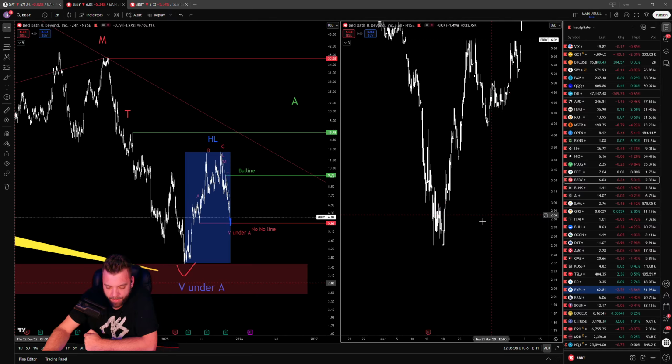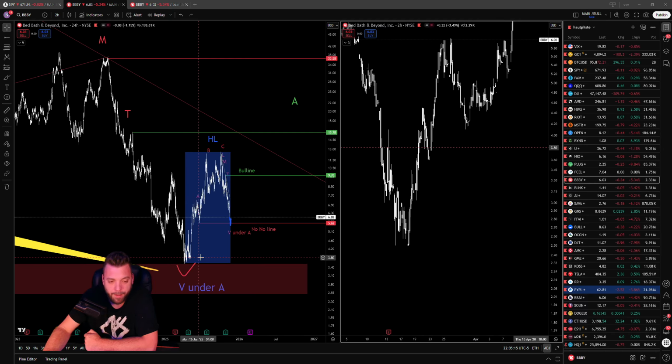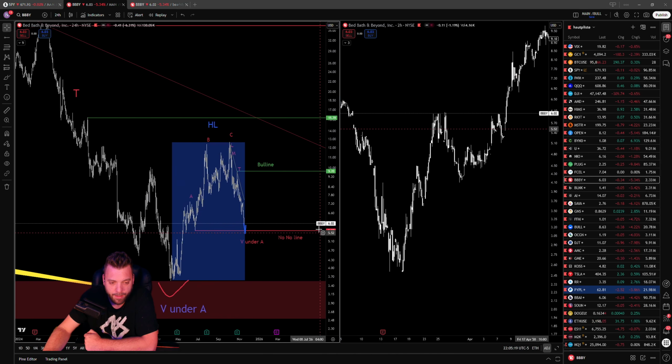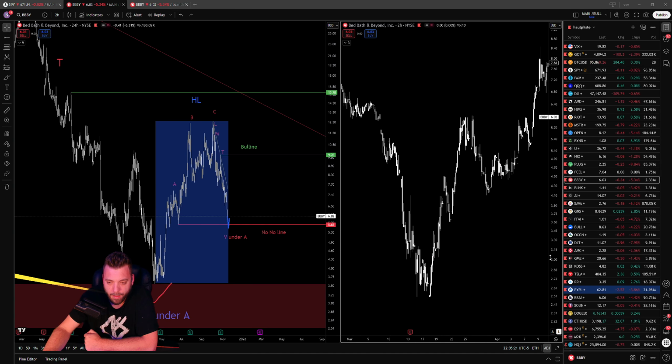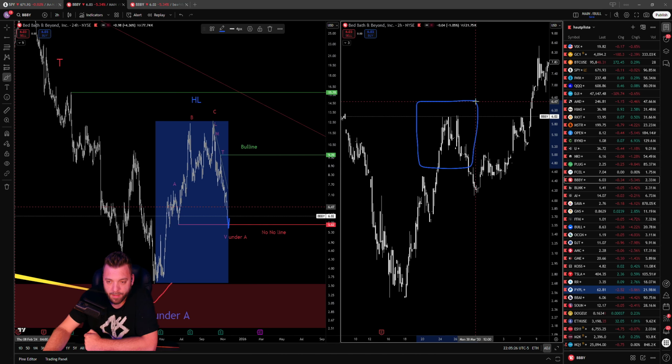I mean, okay, in 2020 we made a double bottom here. Here it's a slight, it's higher lows, but okay. But for this, if you compare these two, the important part is this here. You have an M or a W here.